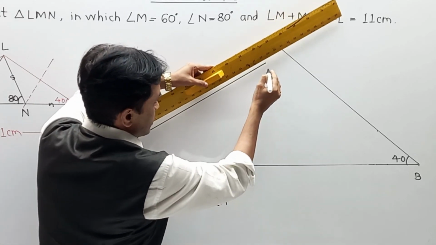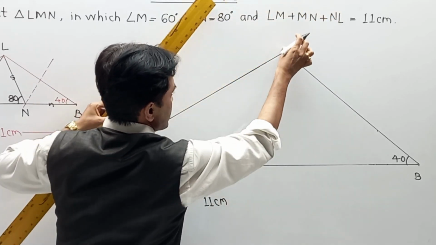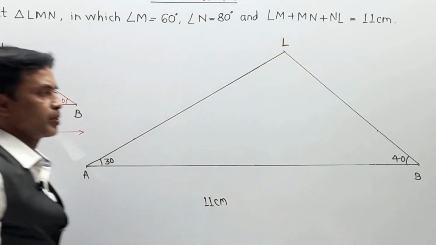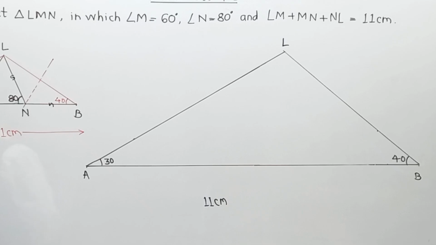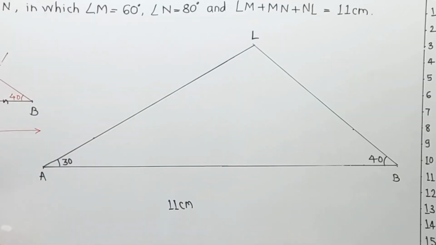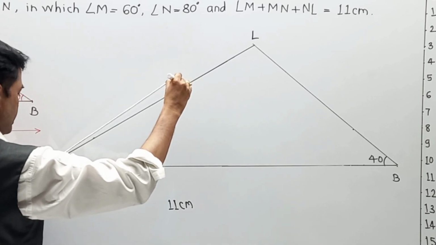Now both lines join at a particular point, and that respective point is nothing but point L. After that, we have to draw a perpendicular bisector on each side. First of all, we have to draw a perpendicular bisector on AL. So with the compass, take more than half of this distance in a tentative manner, and your arc will get started over here.